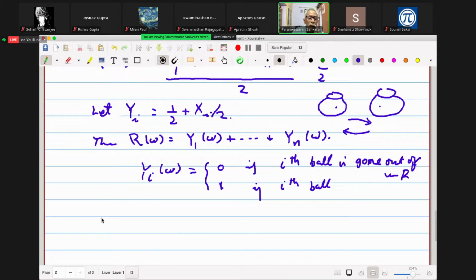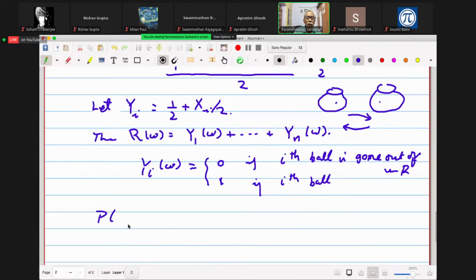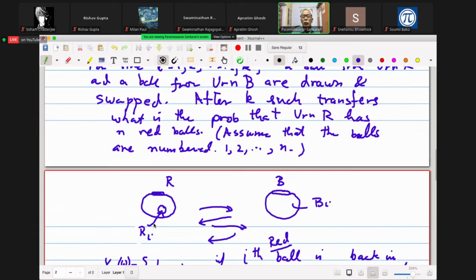the probability of this one. In fact, what we want is xi equals 1. So what we want to compute is not the probability that all the things are back.